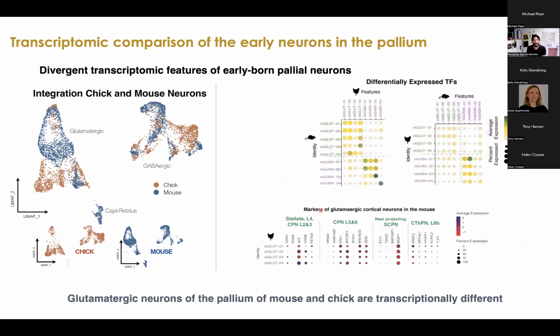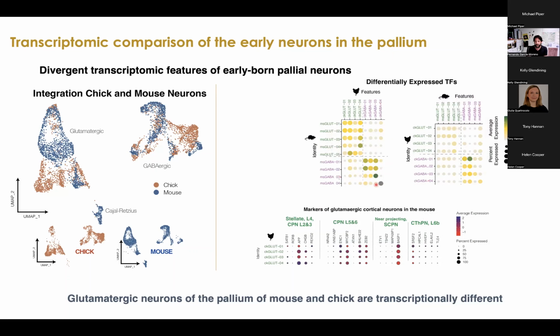And when we compare the transcription factors that are expressed in glutamatergic cells between the two species, we see that in every case, GABAergic cells are more similar than glutamatergic cells from the two species. There's only one cluster, mouse GLUT4, which is similar to chick GLUT4, but beyond that, the main similarities come from the comparison of GABAergic cells.